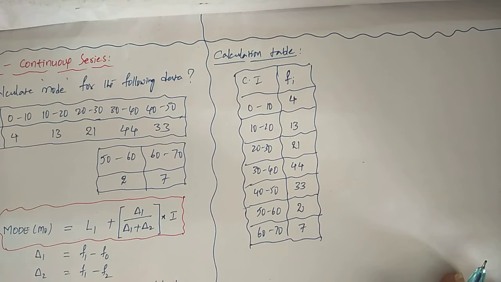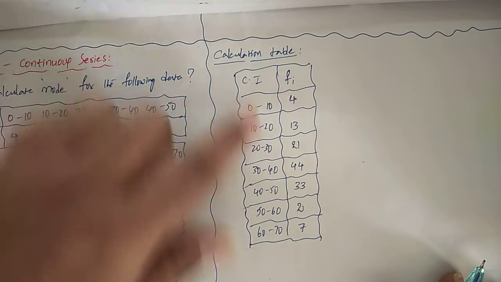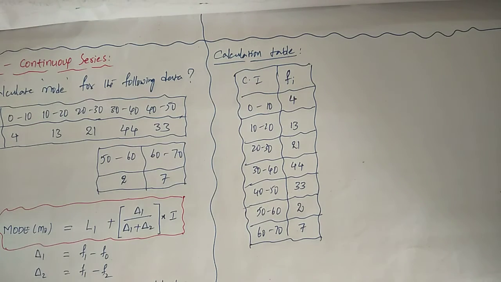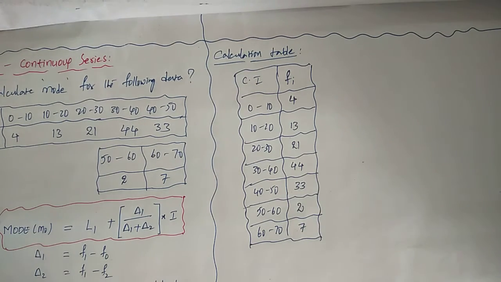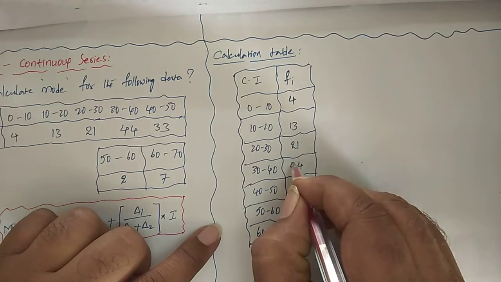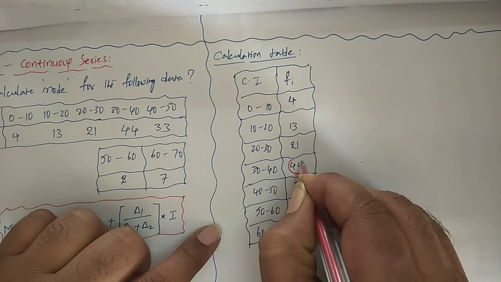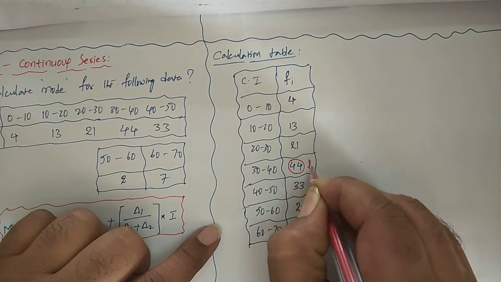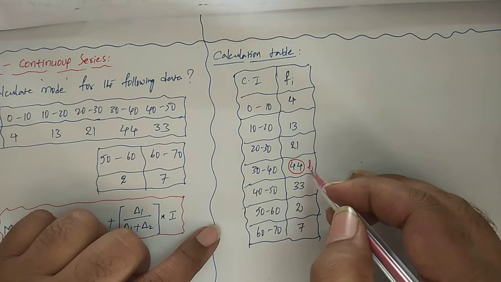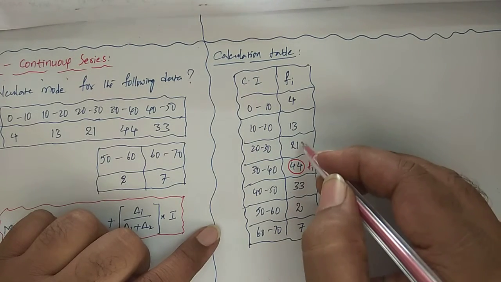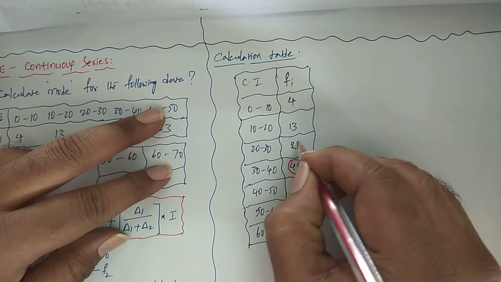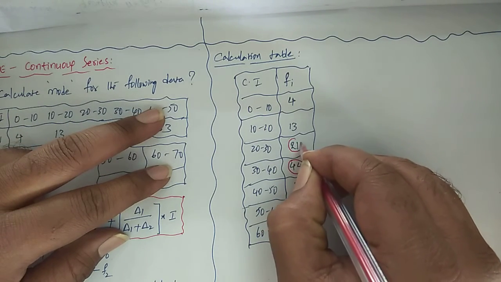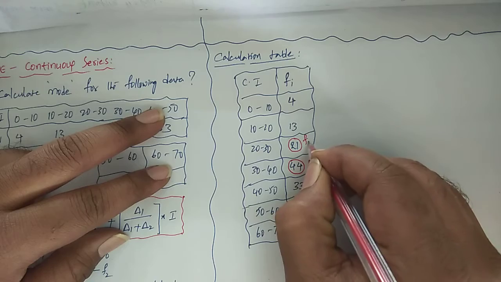So therefore, now in this entire frequency table, what is the highest value? 44. The 44 becomes now F1. The F1 frequency's preceding frequency becomes F0. So this becomes your F0.